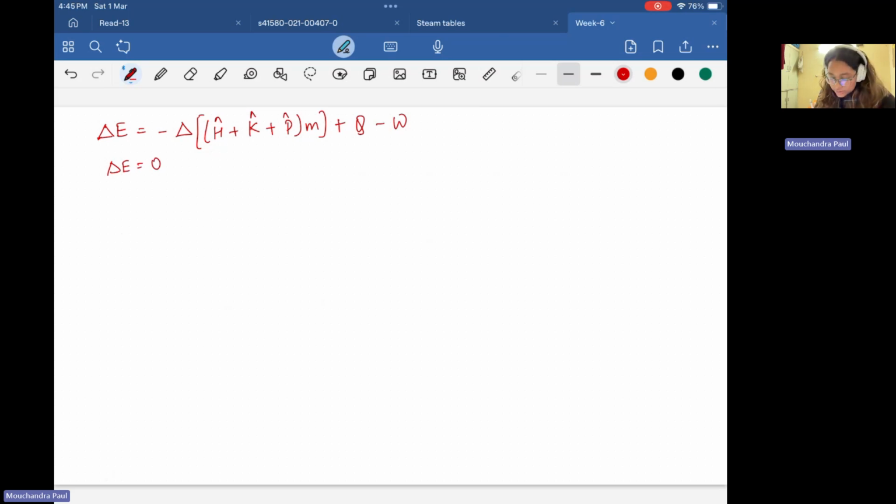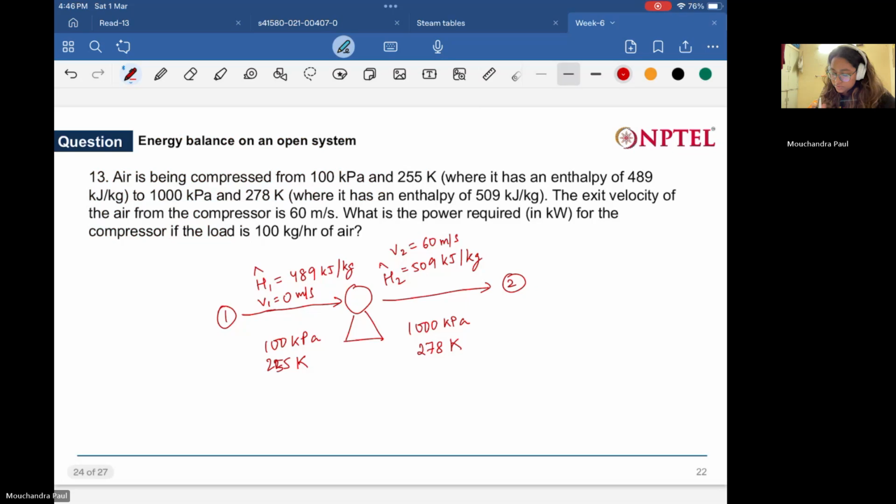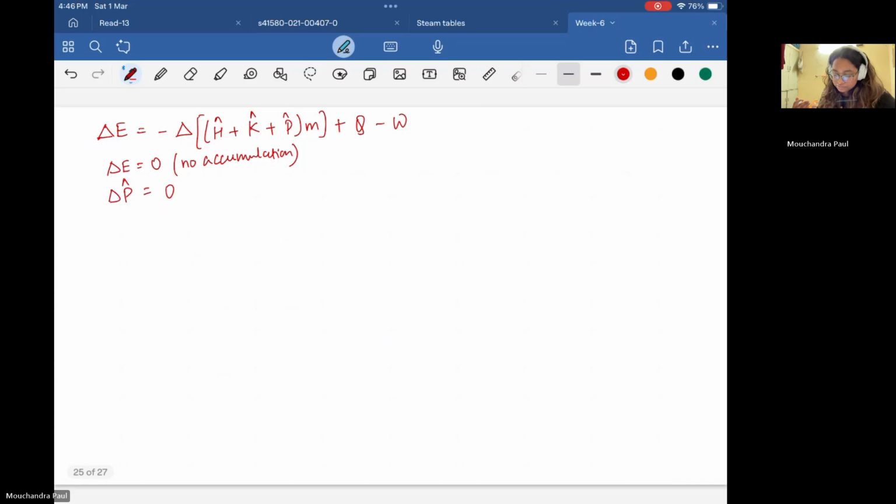So delta E is 0. No accumulation. Then the change in potential energy is also 0, because the air is not falling or accelerating to a height or something like that. Then Q is also 0 because there is no heat exchange.